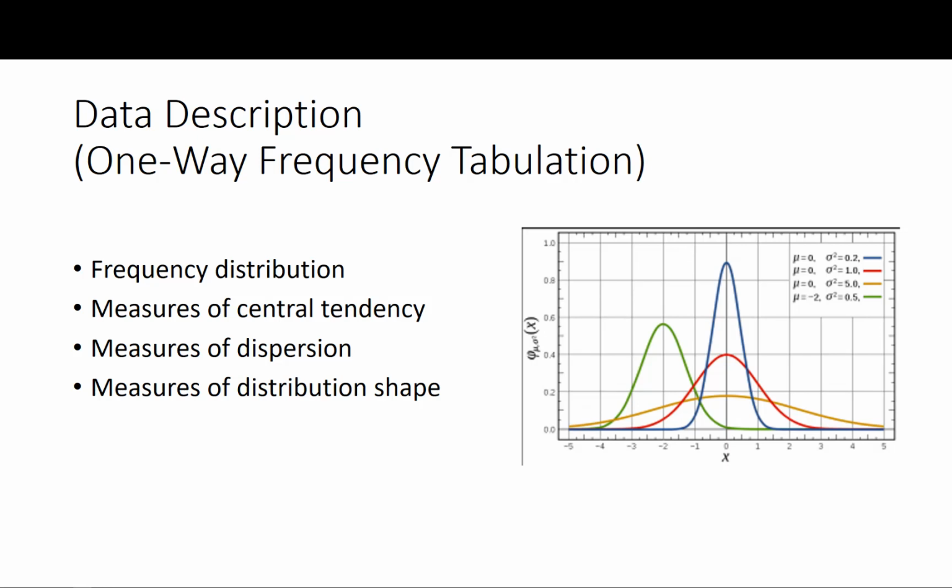Measures of dispersion: do we have a lot of people at either end? Are people not centered around the mean? Do we have this kind of skewness? And the distribution shape, so this idea of peakedness versus flatness.